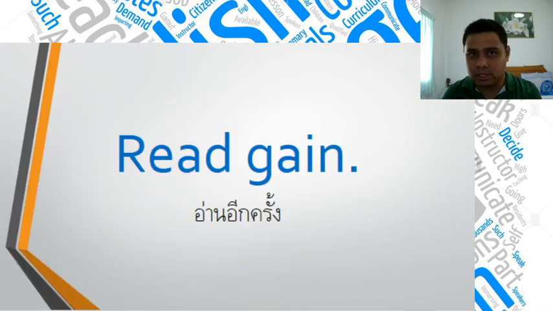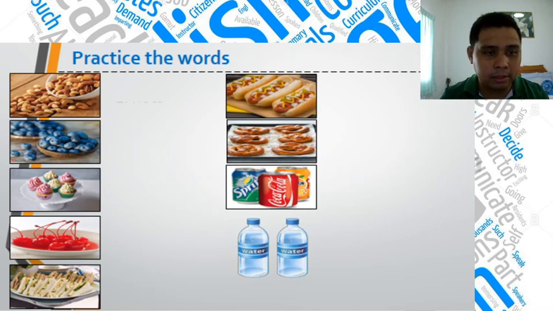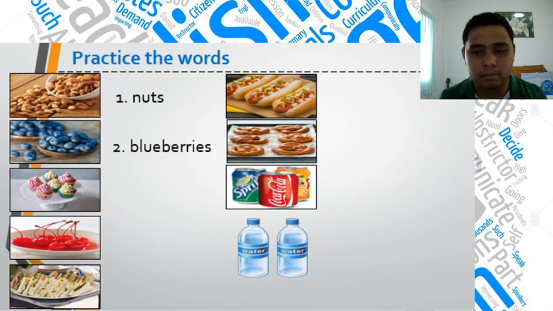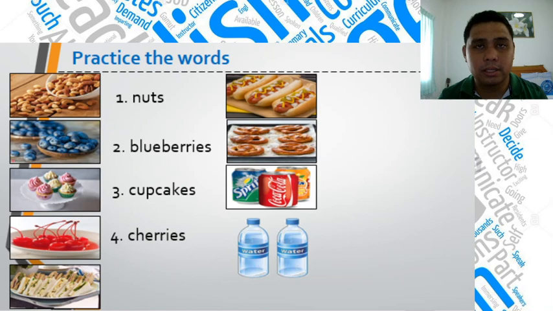Okay, let us read again. Number 1, nuts. Number 2, blueberries. Number 3, cupcakes. Number 4, cherries. Number 5, sandwiches.